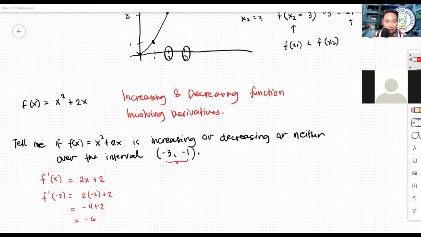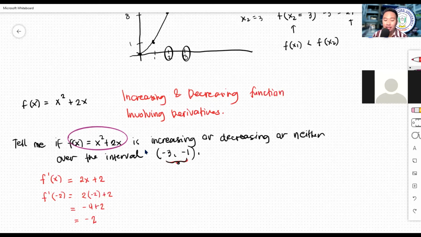Can someone confirm? Yeah, thank you so much. It's -2. Okay. So in this case, guys, we can tell that over this interval, the function is decreasing.